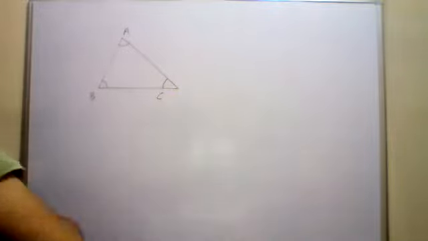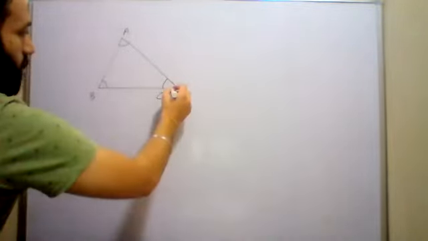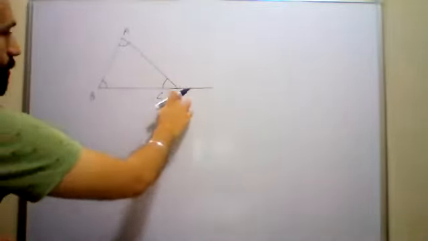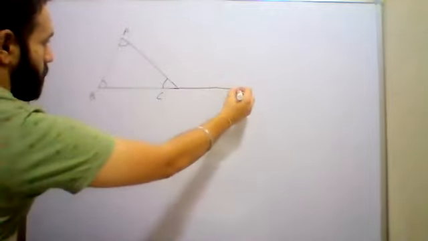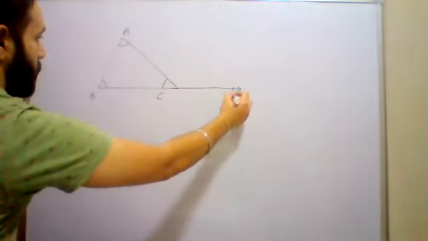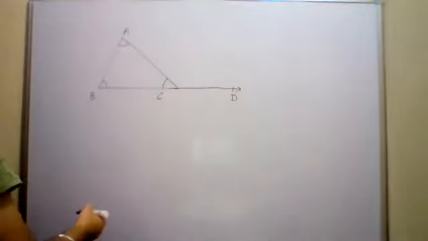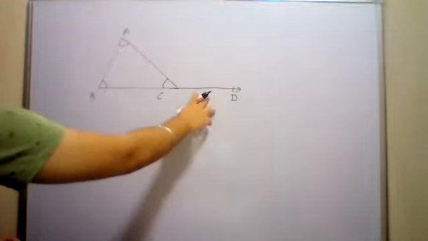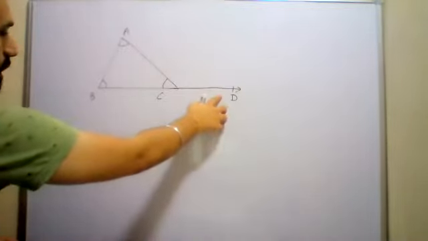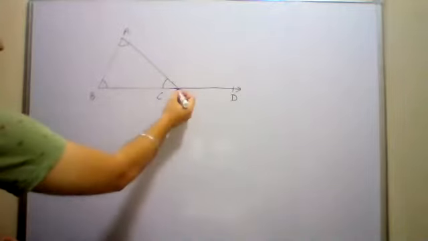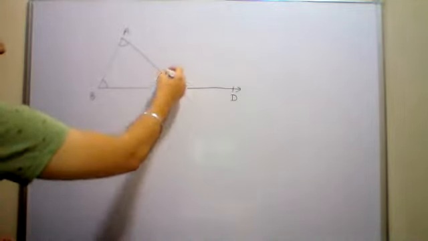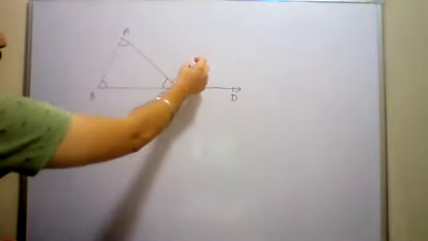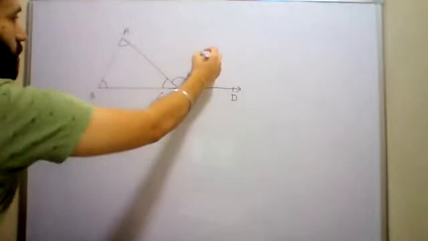If we produce any one side of the triangle, suppose I produce the side BC to point D, then the angle formed between the produced side of the triangle and the other side on the same vertex, that is the side AC, this angle is known as the exterior angle of the triangle.